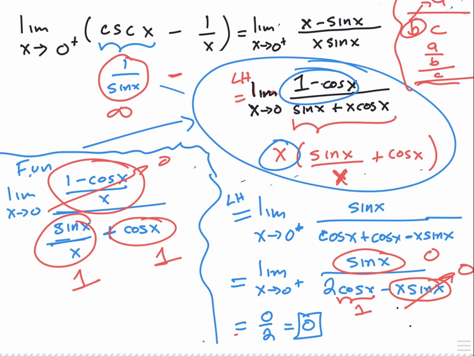So 0 over 2, which is 0, right? So it's faster if you recognize it, which most people probably wouldn't. But maybe if you're looking hard for it. Most people would just say, I'm just going to try L'Hopital's rule again and hope that it works out.